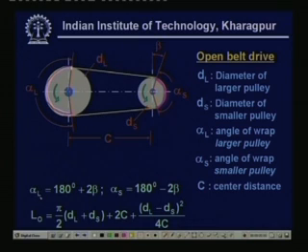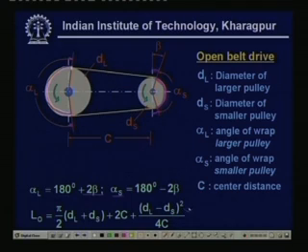The angle of wrap for the larger pulley is 180 degrees plus 2 beta, where this side is one angle and this side is another angle. In a similar fashion, alpha S is given by 180 minus 2 beta, and L0 is pi by 2 into (DL plus DS) plus 2C.